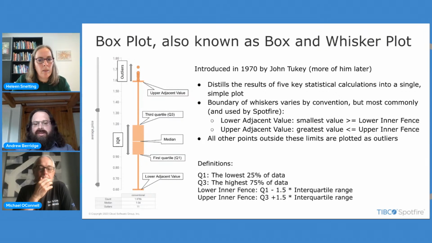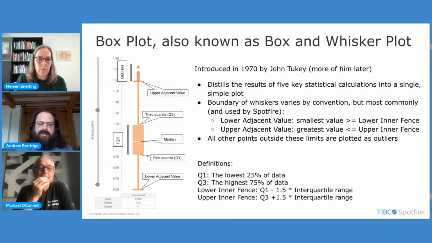The first quartile is the lowest 25% of the data, and the third quartile is the highest 75% of the data. Now that tells you where most of your data is centered, so it already gives you a really nice overview of where it is. But then you need to look at how the rest of the data influences the shape you're looking at. So normally we do this by convention, at least.